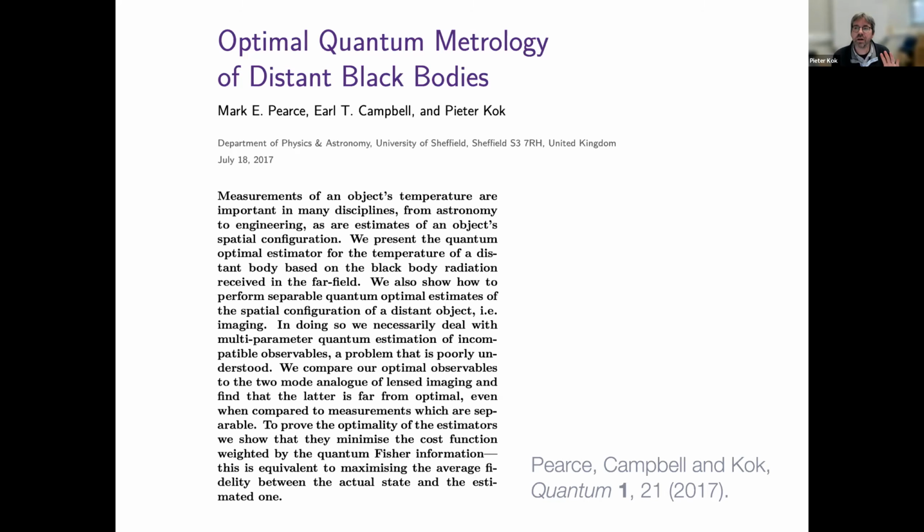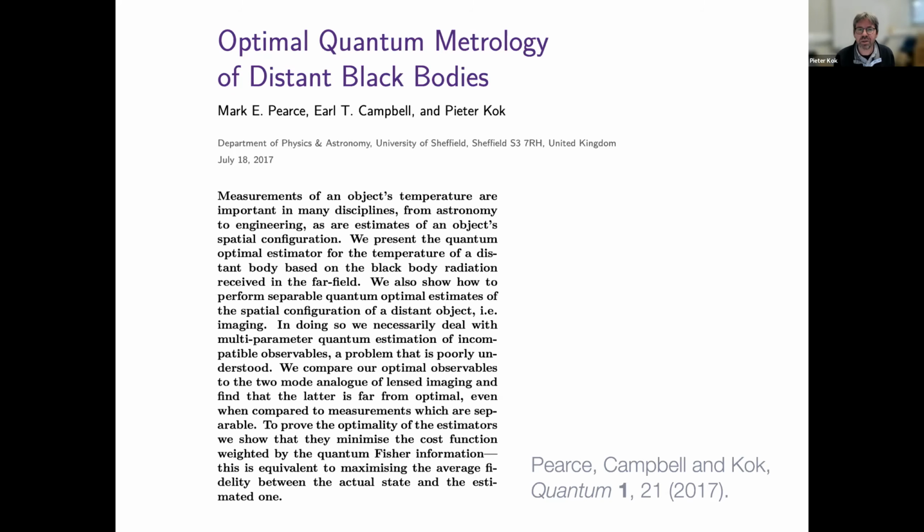We wanted to look very much at distant sources where you can't play around with the source, because that's interesting from an astronomical point of view. It's also interesting from a defense point of view. Sometimes you can illuminate something and get some scattered light back. We're just looking at light that comes in, and we have no control.